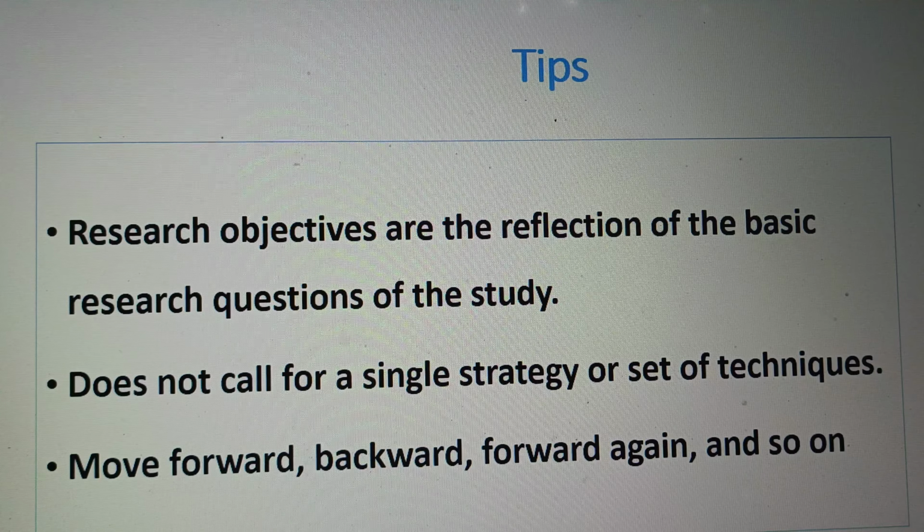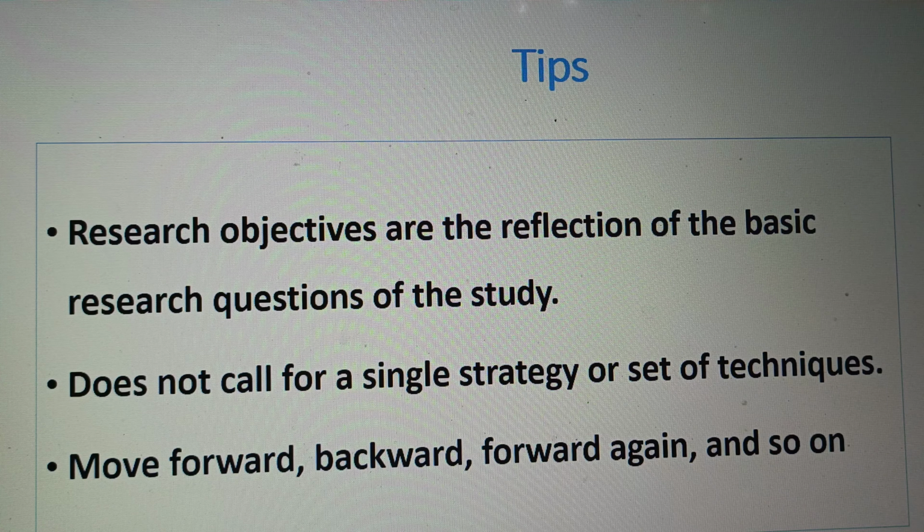Note that almost one-to-one, one basic research question reflects one specific research objective. So if you have already written research questions in a good manner, it means you have already prepared or understood what the specific objectives of that research are.